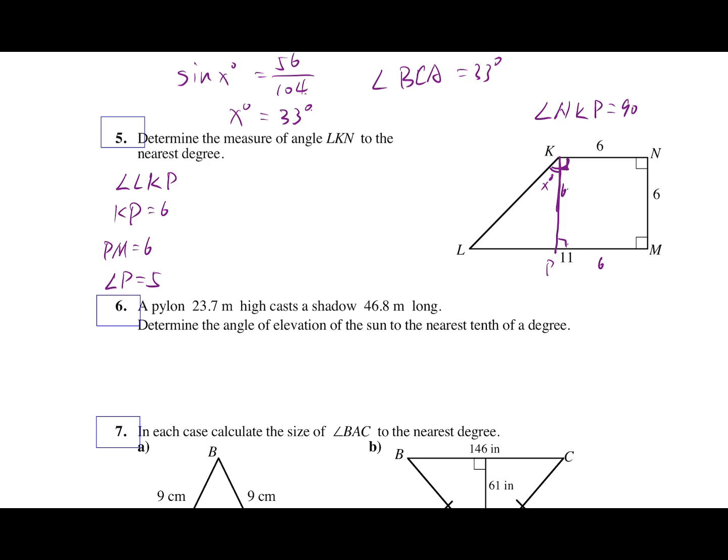And now we can use tangent: tangent x equals LP divided by KP. So LP is 5 and KP is 6. Then we can use the calculator to find x equals 40 degrees, and then angle LKN equals 90 degrees plus 40 degrees, which is 130 degrees.